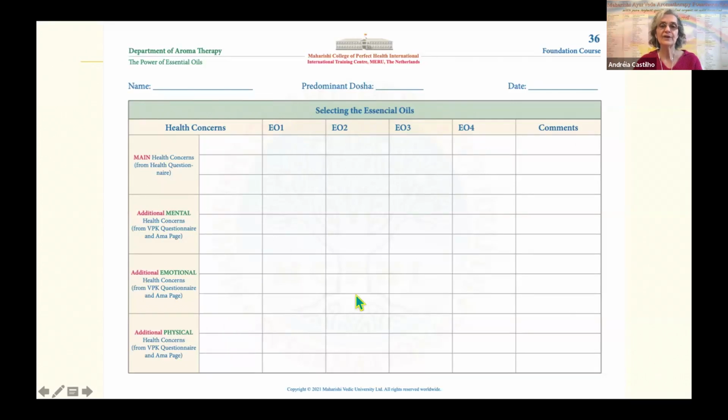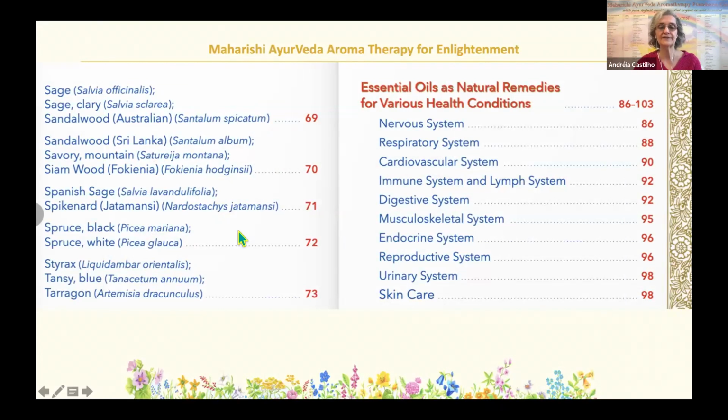And in each column, you will add the essential oils that you are considering. For example, if you had here in the first line migraines, you would see which essential oils have the right dosha effect for this person and address migraines, and you write the name of the essential oil here. And then, you list all the symptoms, and you see when the essential oil addresses the symptom, you write it here on the line that corresponds to the health problem. We will see an example of this a little later.